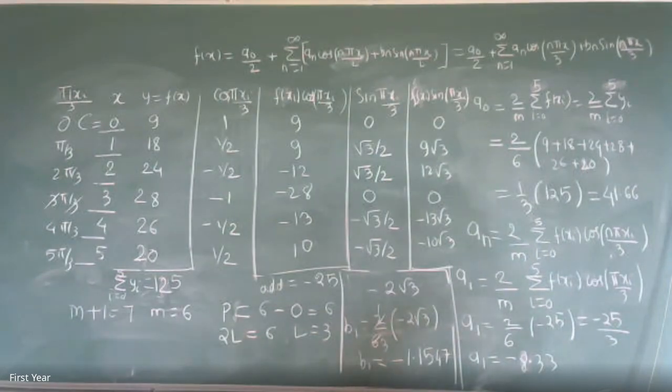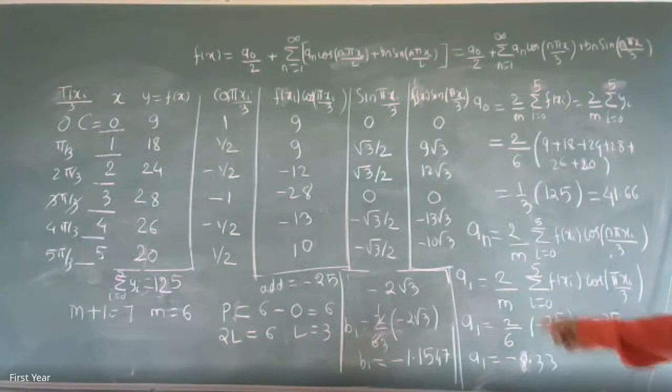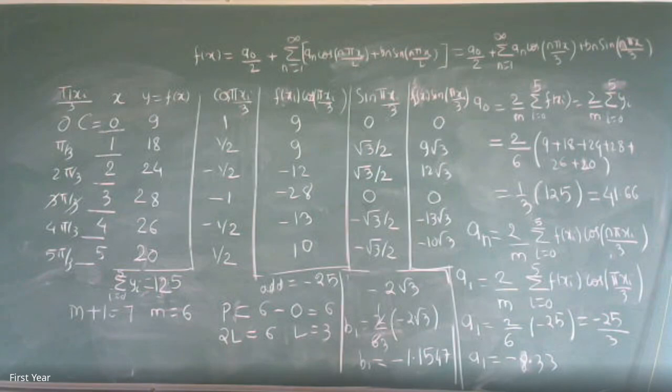Okay, minus 1.1547. That's your answer for B1. Correct. How did you get 3? Please check: 1 by 3 into minus 2 root 3. So actually it is minus 2 by root 3, which will definitely turn out to be this much, minus 1.1547. Is this method clear now?